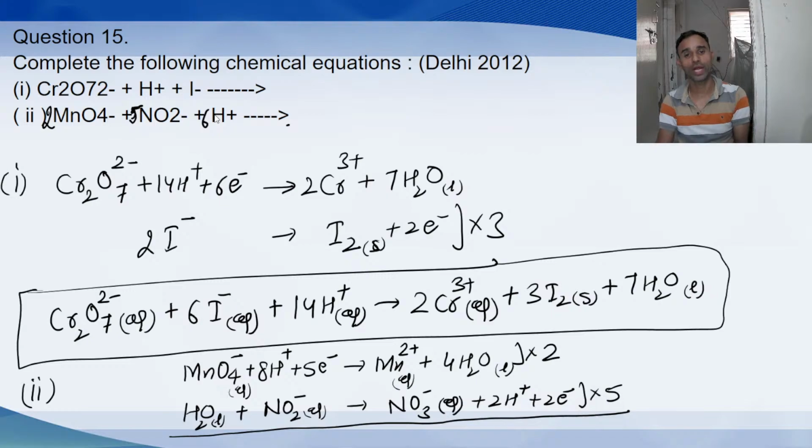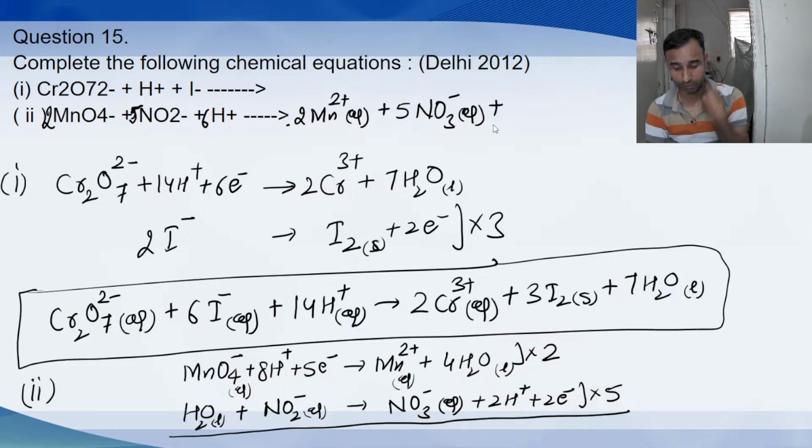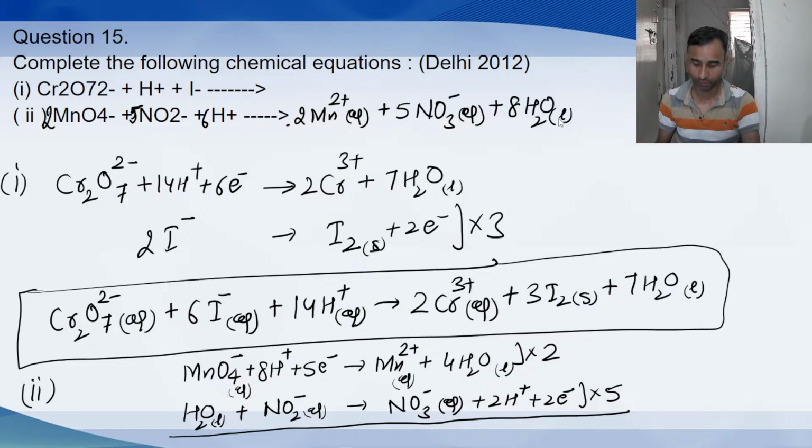And on the right side 2 Mn2+ aqueous, 5 NO3- aqueous, and water 8 H2O liquid. I think it is balanced now.